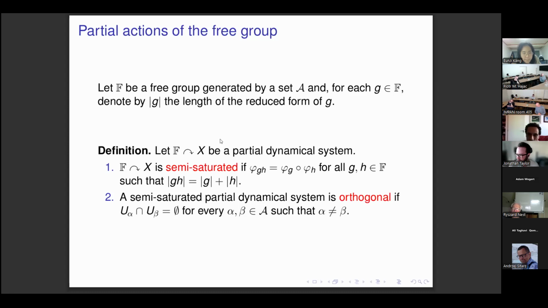Your condition is not natural because gh might end up in a different place. Okay, if you have a minimal action, then yes. But you need some minimal action there.